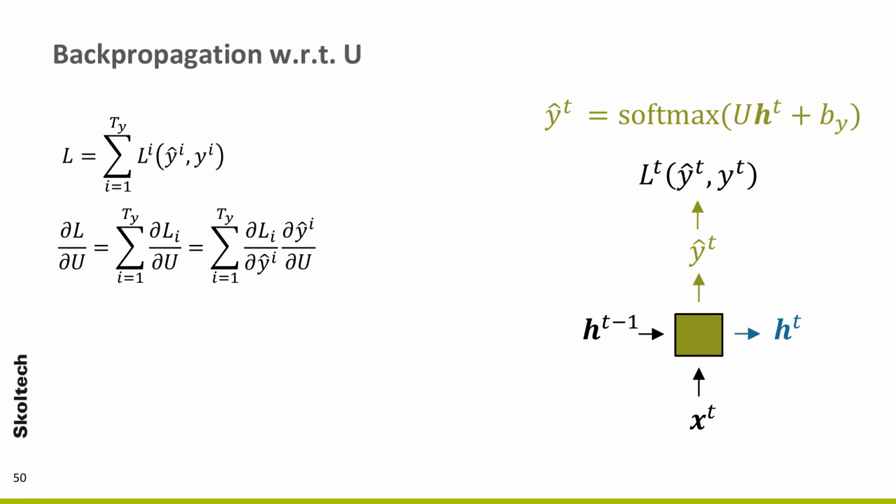So let's look at it for our part of the neural network. We have the loss function, we have the output of our RNN block, and it has the following structure. As you can see, it's a softmax function, a differentiable function of a linear function of h_t, the hidden state we have right now. So you can imagine that we have these two steps.